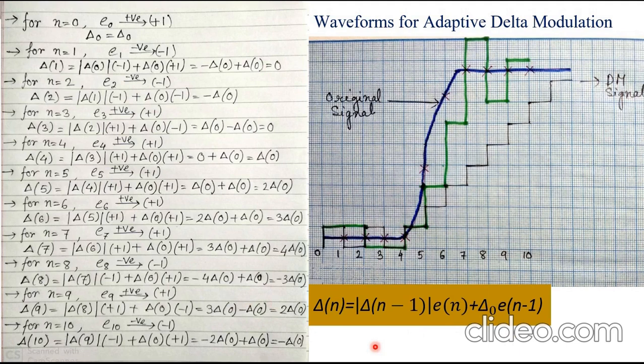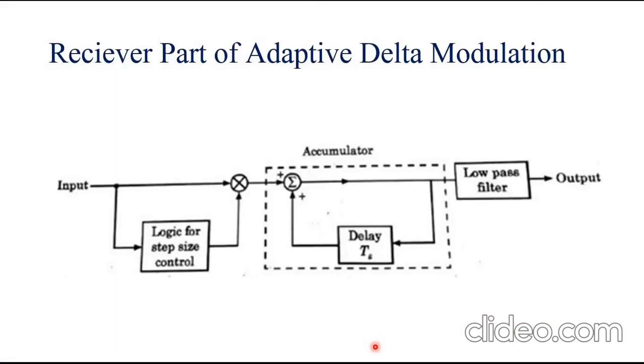So now let's see the receiver part of adaptive delta modulation. This is the receiver circuit of adaptive delta modulation, and in the receiver of the adaptive delta modulator shown in this figure, there are two portions. The first portion produces the step size from each incoming bit.